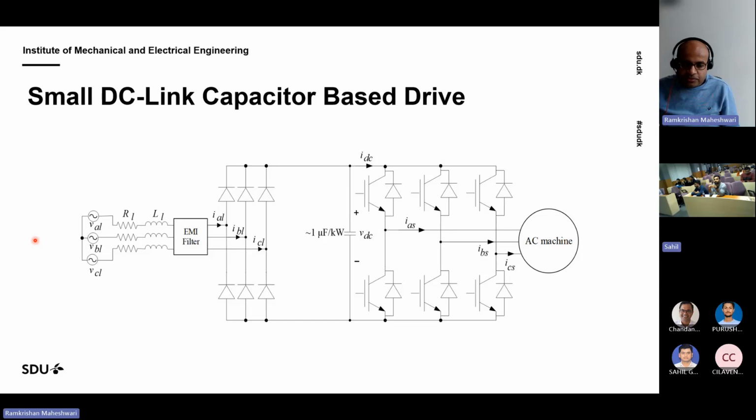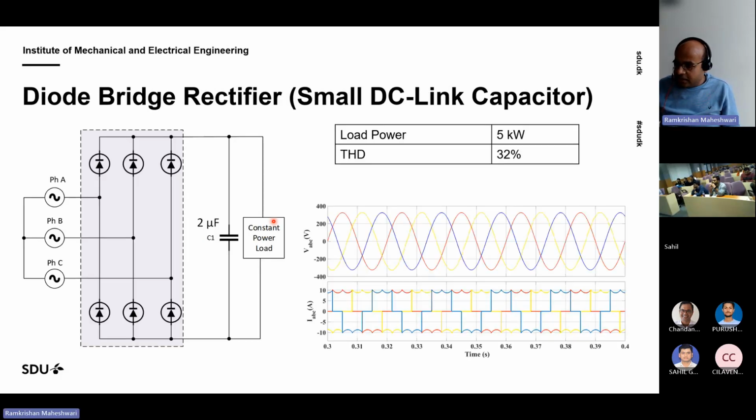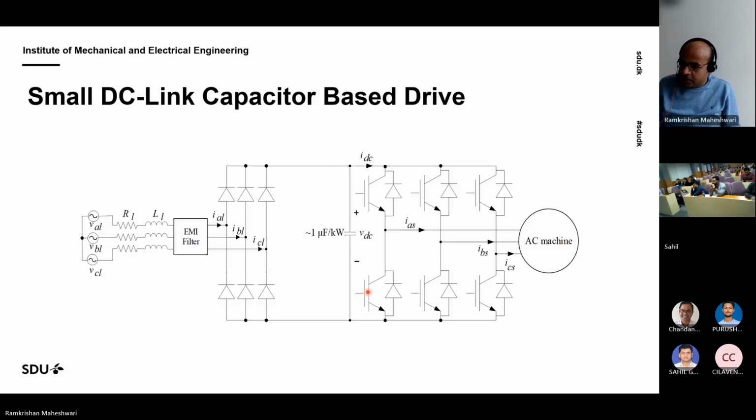So now we have this constant power load, and that is why we have seen a current waveform like this. So you can see it here. When the voltage is increasing, current is decreasing, and vice versa. Now, what is the problem with constant power load?